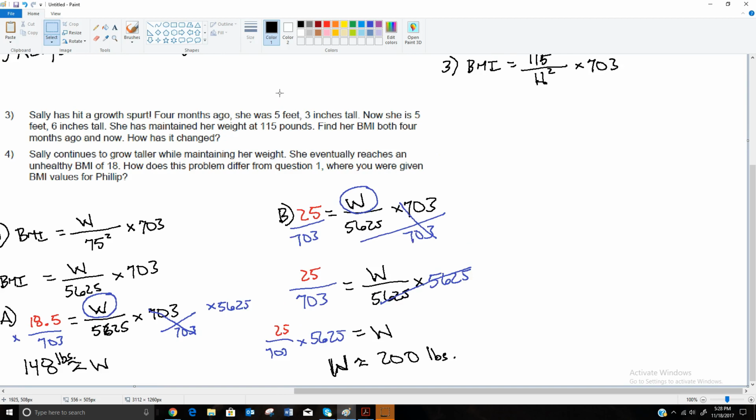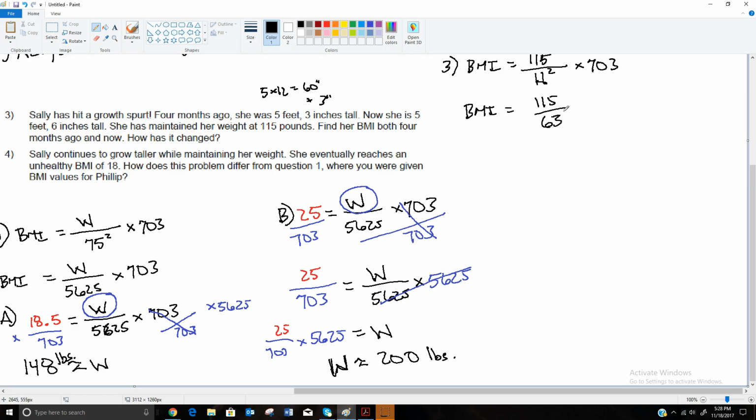So if you remember, 5 feet was 60 inches. We did that in the last section. So 5 feet is 60 inches. So 5'3" would be 63 inches. Again, that's just 5 times 12 gets you the 60 inches. And then add on the 3 inches. And that gives us 63. So her BMI 4 months ago would be 115 over 63.